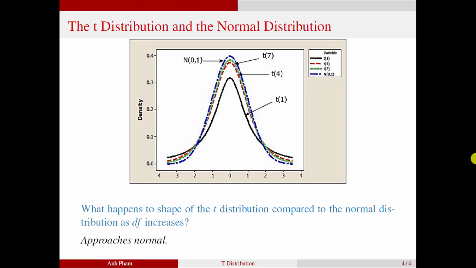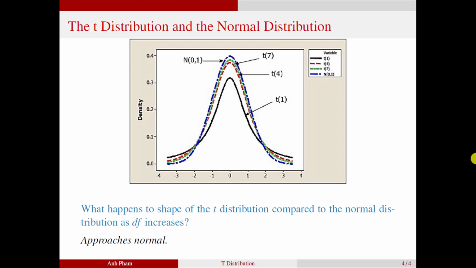So as the degree of freedom increases, the t-distribution approaches the normal distribution. And as a result, as the number of observations in the sample increases, the t-distribution approaches the normal distribution.